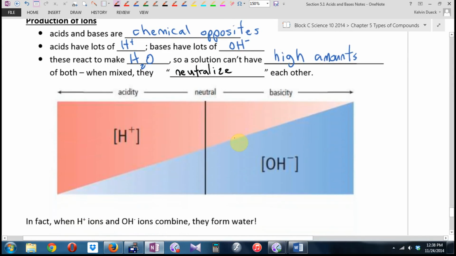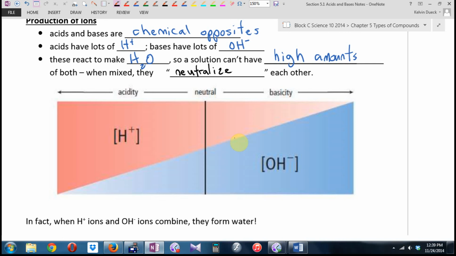In fact, as a picture, right here in the middle, this would be a neutralization. When you have a neutral solution, you're not saying there's no H pluses and no OH negatives. What you're saying is you've got an equal mix of both, and they're going to just neutralize each other. As you get more acid, you're not saying that there's no OH negatives.